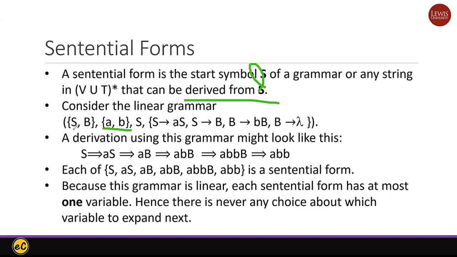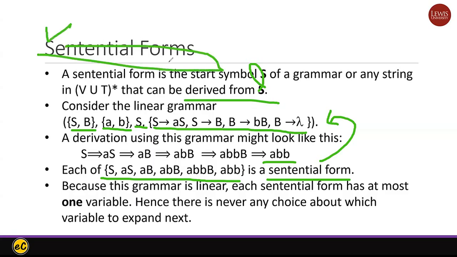So these are symbols, these are states, this is the initial state, these are the rules. And based on this, you can derive S as AS or AB or ABB or ABBB. These are the strings that you can derive. So everything that can be derived by the grammar rules is called a sentential form. Okay, that's the definition of sentential form. This one is pretty important.